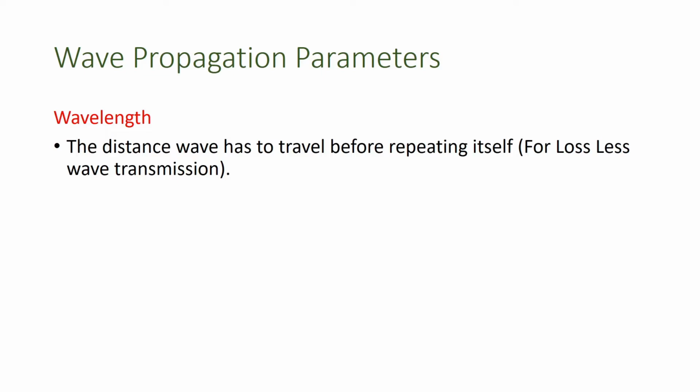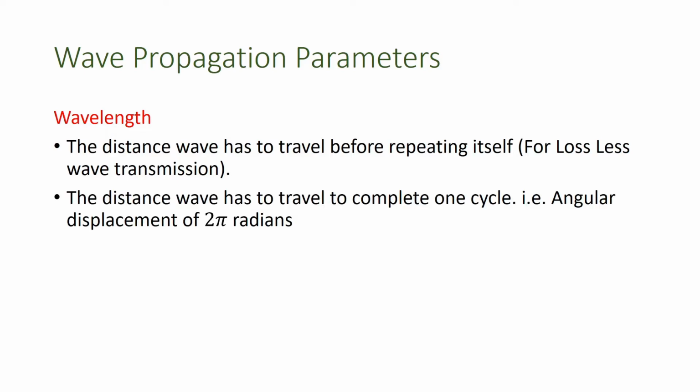Because a lossless wave transmission sees the same ripple going. The size of the ripple is also maintained. But in a lossy wave propagation, just the shape but the size is not retained. That is, the peaks may go down.